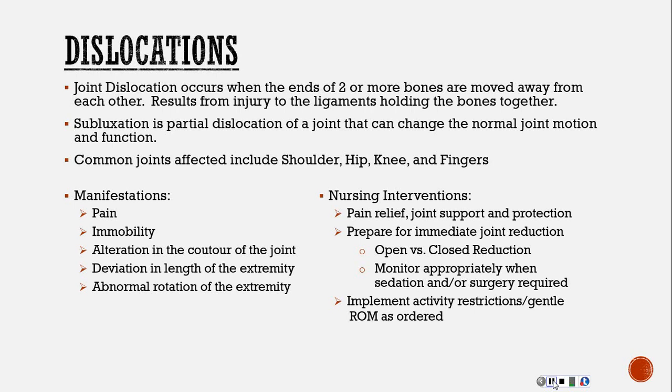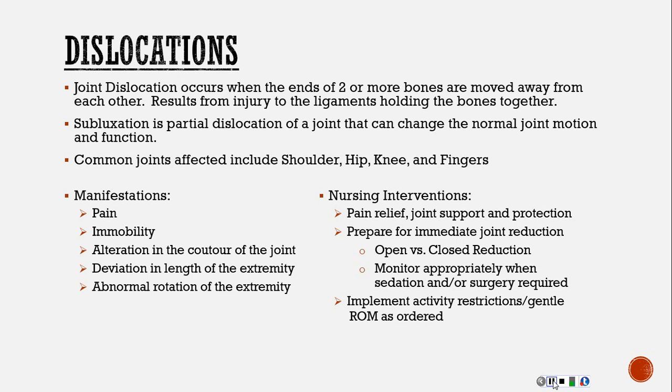But so, open versus closed reduction. Again, open basically means they have to open them up and do the reduction, or reduce the joint or fracture or whatever it is, surgically with an open incision. Closed reduction, well, they can pop it back in place without opening it up. Sometimes it takes a couple of attempts, and they have to do it with radiology. They're going to verify it.